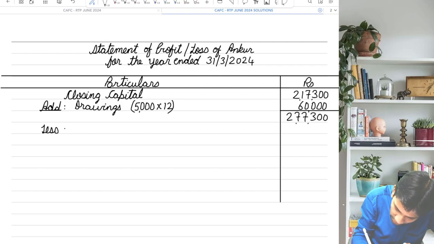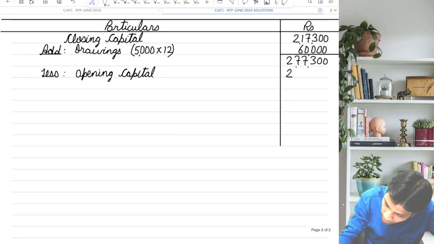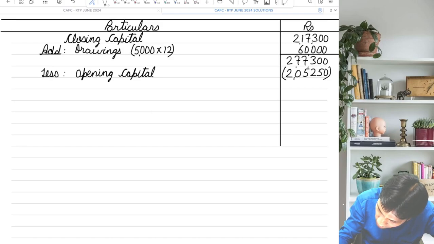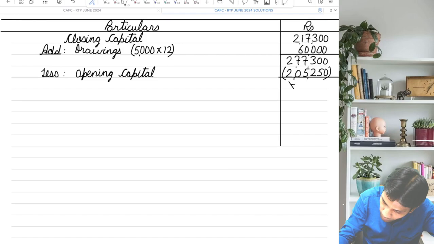Then less opening capital. Let's check whether we have opening capital. Yes, we have opening capital, 2,05,250. We'll deduct this. 72,050 rupees. Do we have additional capital?